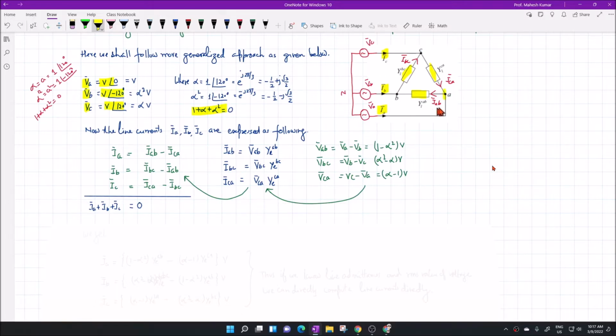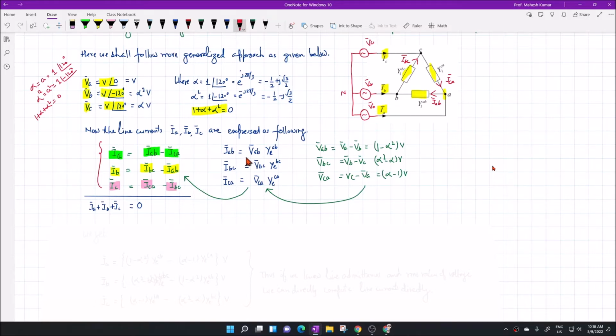That is, IA will be equal to IAB minus ICA. And then we have IB, which is IBC minus IAB. And IC is ICA minus IBC. So these currents are found by applying Kirchhoff current law at points A, B and C.